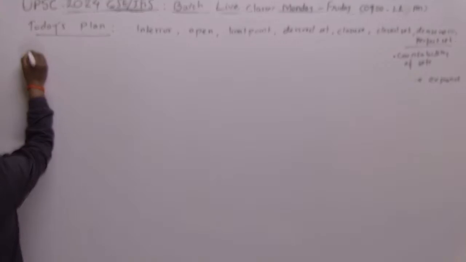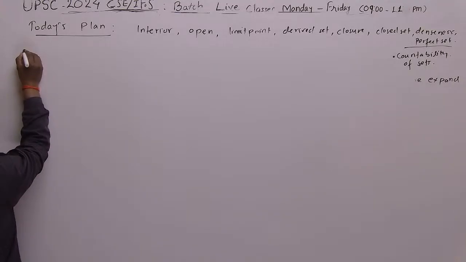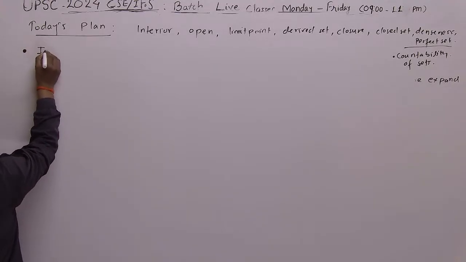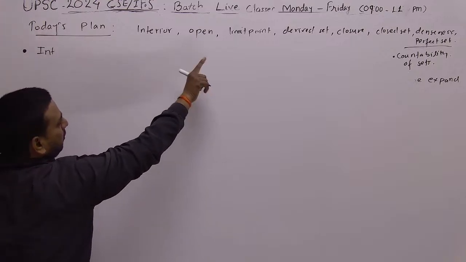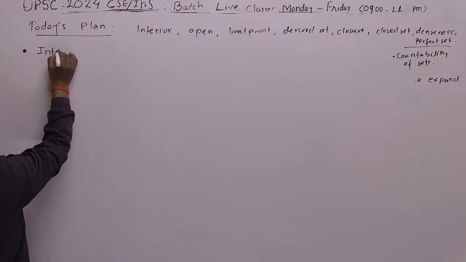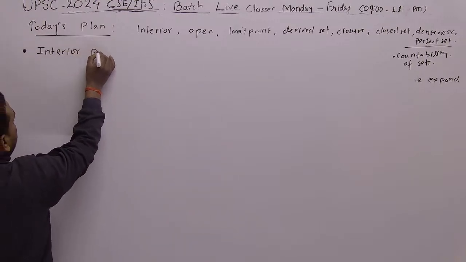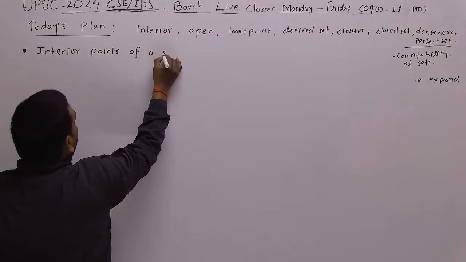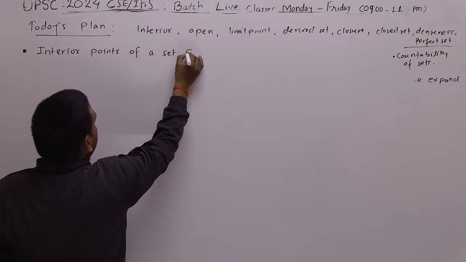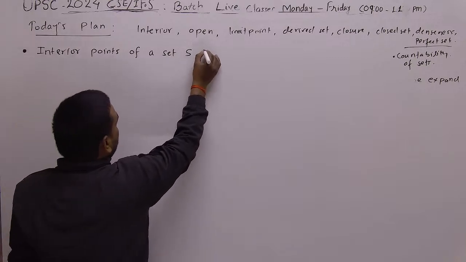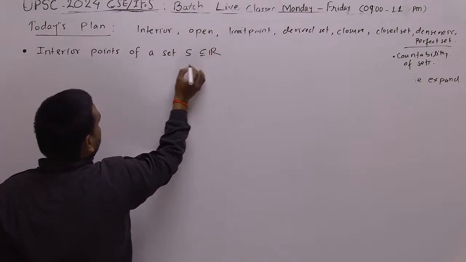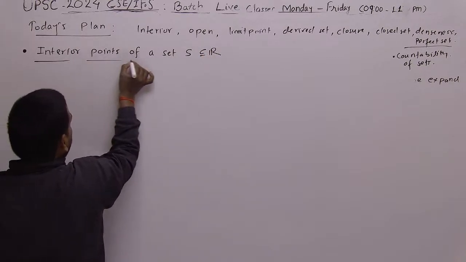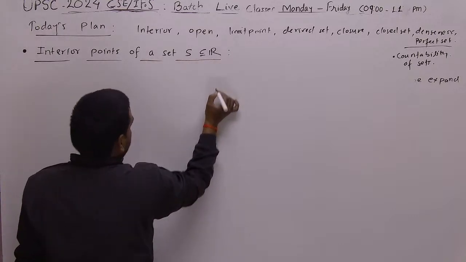Write the heading, please. So we will be giving the bullet points like this, because we will have many terms now. Okay? So लिखिएगा interior points of a set S, which is obviously a subset of real numbers, because we are working with the real analysis.